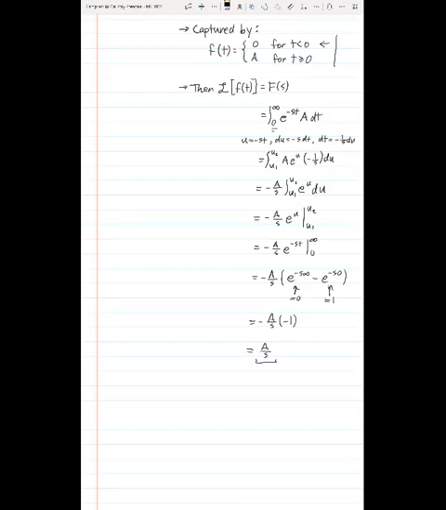When we look at functions, what are we ending up with? We're ending up with those functions coming across as multiplying or dividing by s's.